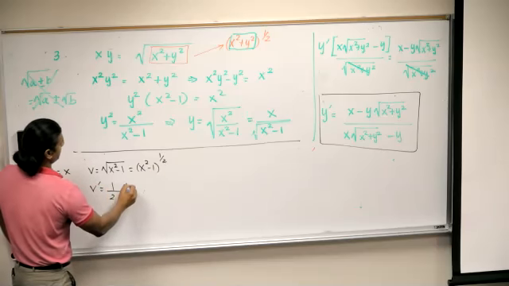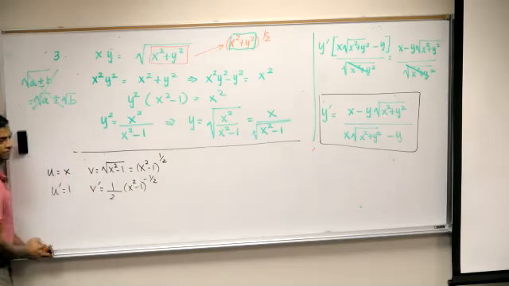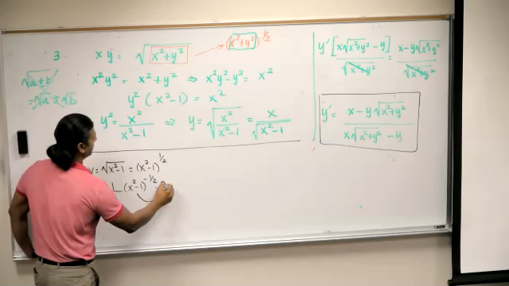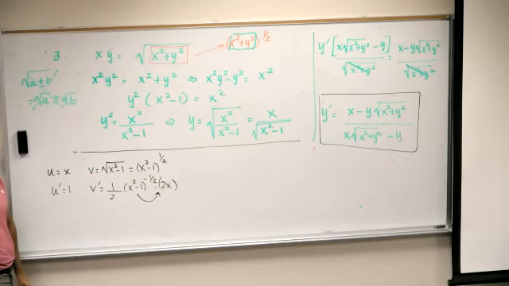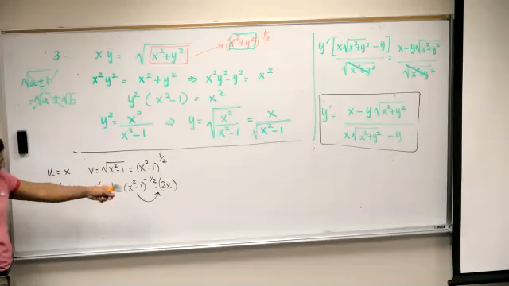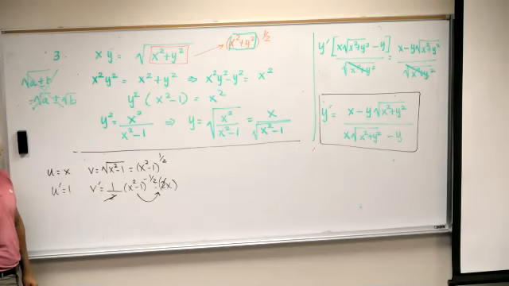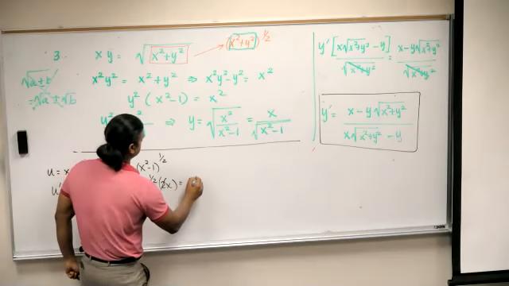v prime is 1/2 times x squared minus 1 raised to the negative 1/2, multiplied by the derivative of the inside, so you get 2x. Good. The 2 and the 2 will get cancelled. You can move that radical to the denominator.